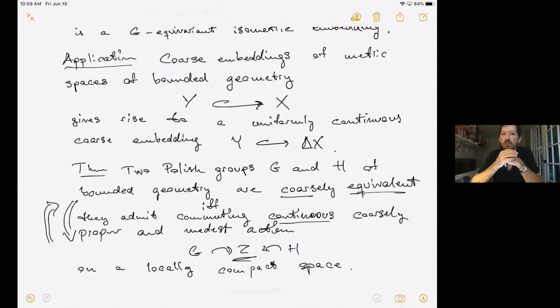This is well known as a problem in linearizing general maps: replacing coarse maps by uniformly continuous maps is non-trivial.